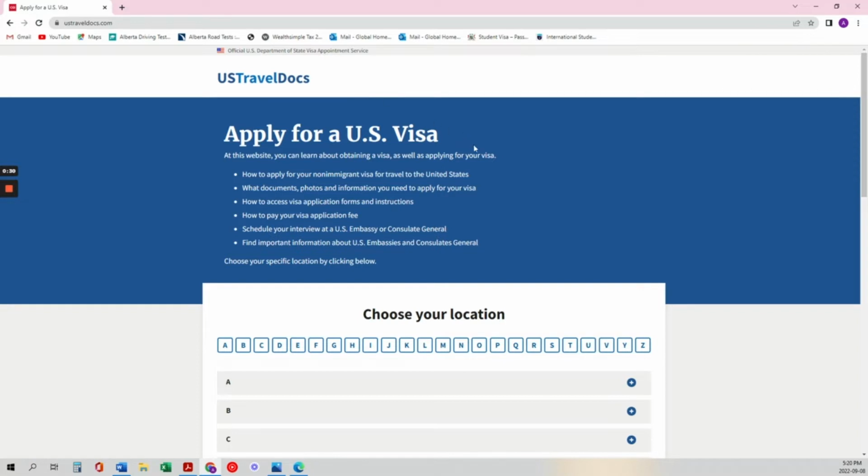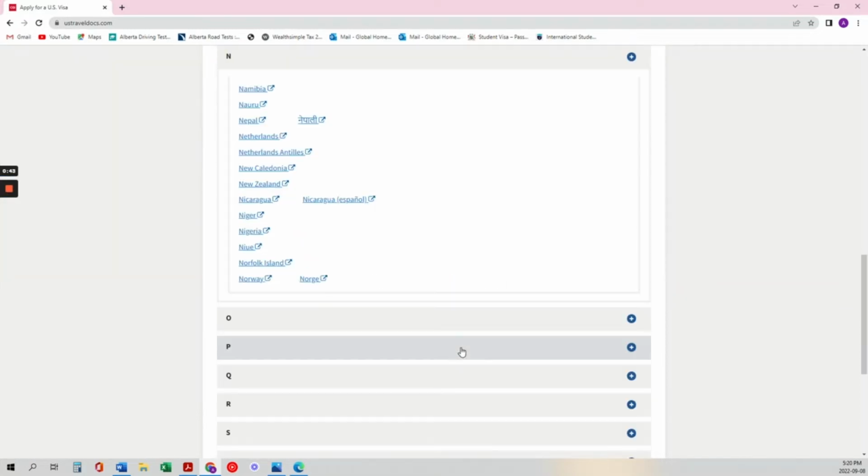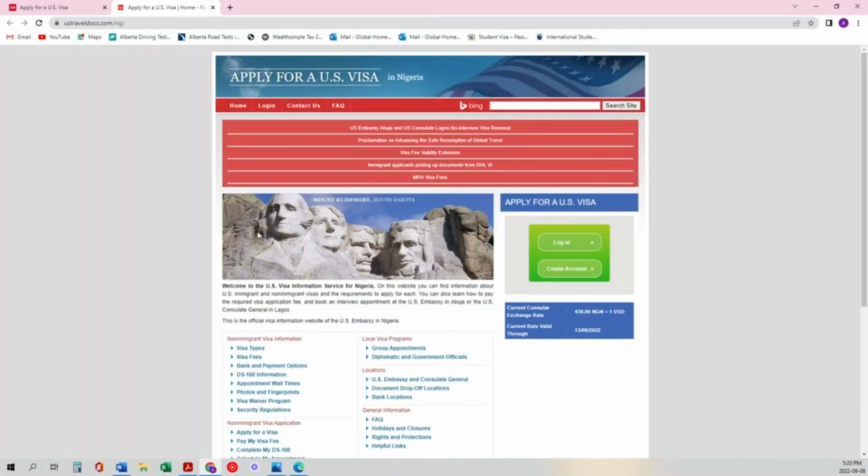So when you find this page, we're going to go step by step. And because I'm a permanent resident of Nigeria and I know Nigeria very well, we're going to go down to the ends and click on their link to move us into the appropriate site for Nigeria. Okay, so we are going to discuss today the visa types.